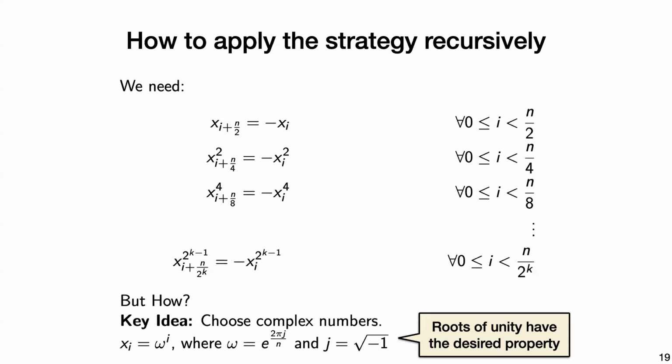This is not possible, of course, for real numbers. Any real number squared is also a positive number. And that's why in the very beginning, we had this detour into complex numbers. Because you can choose complex numbers that have this property, but there's no real number that has this property. And all the way down, up to the general form for some power 2 to the k.